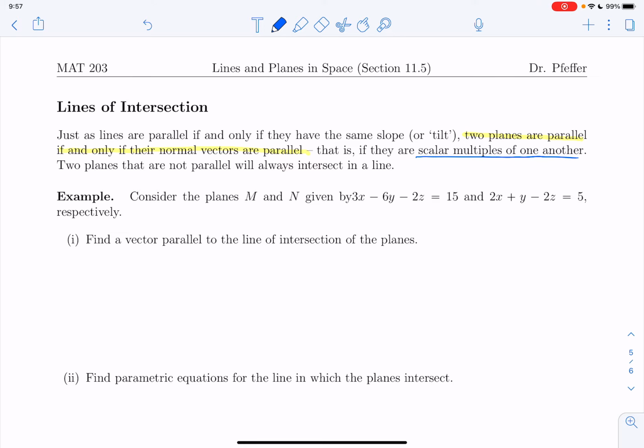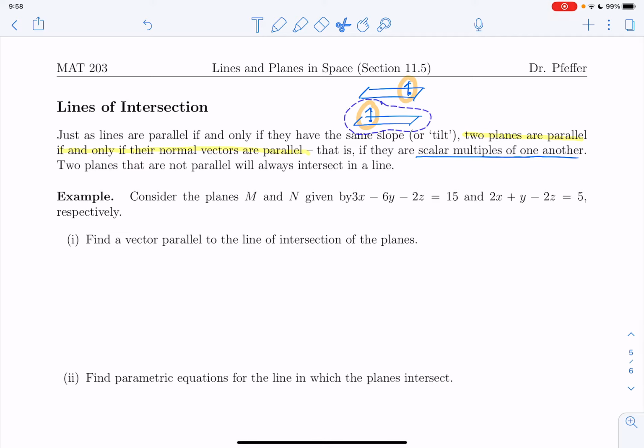And so the idea is that if I have one plane living up here, it has a normal vector, and I have a parallel plane, it has a normal vector, and these two normal vectors are scalar multiples of each other. They're parallel. I should make a note here that being scalar multiples of one another does not imply that they have to point in the same direction.